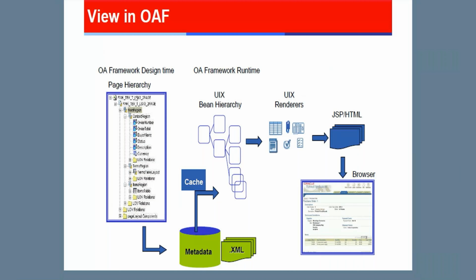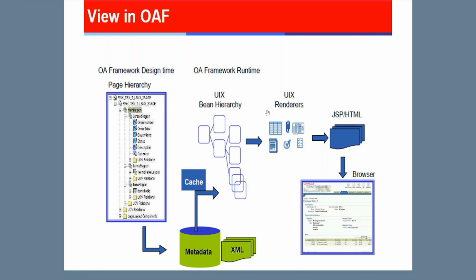So just remember, every component of a page which we see is a bean, and all these beans are broken into pieces and stored in the MDS. There will be some list of tables, we'll know later. When a user is trying to access a page, it builds the page dynamically by clubbing all the related components, and it builds HTML and shows it to the user.